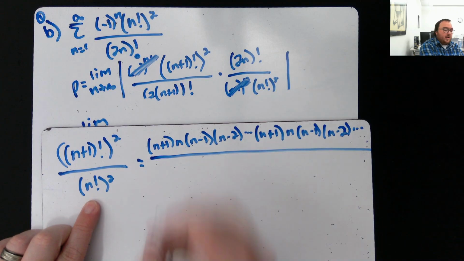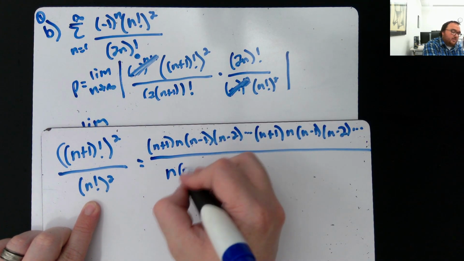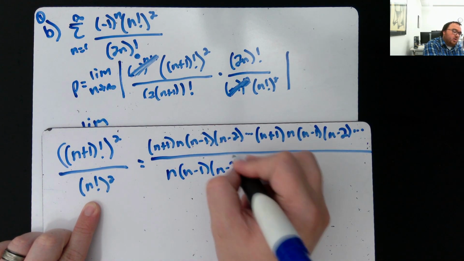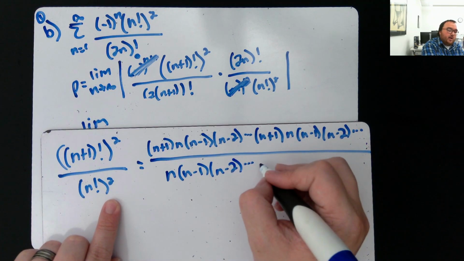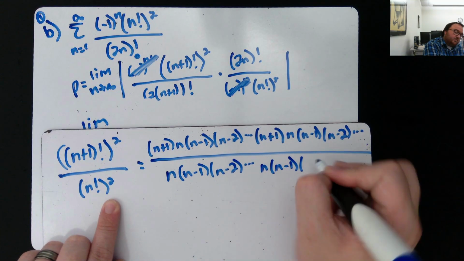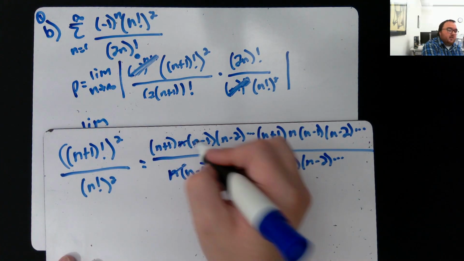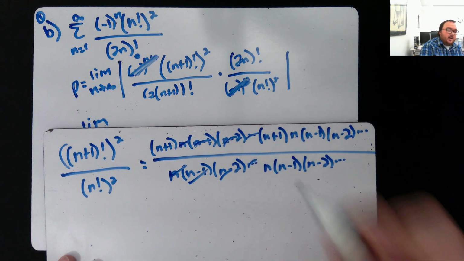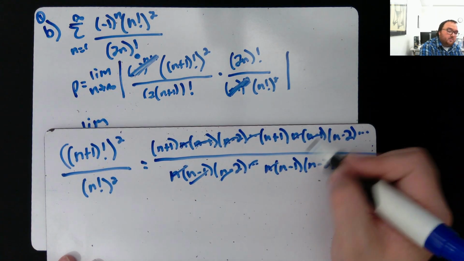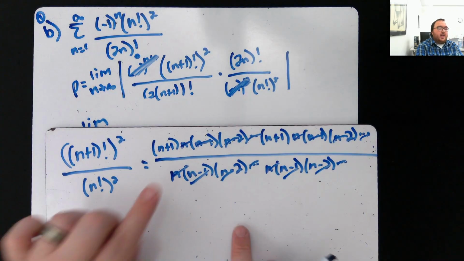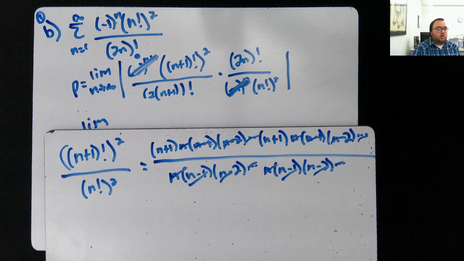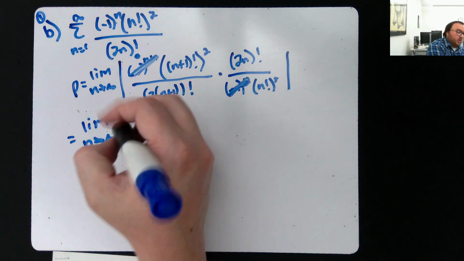Over n factorial, which is just n times (n-1) times (n-2), on and on. And since it's squared, I do it twice. So what happens there? Cancel out n minus 1, n minus 2, and everything else, and then again over here. So I'm left with (n+1) times (n+1) on top, which is (n+1) squared.